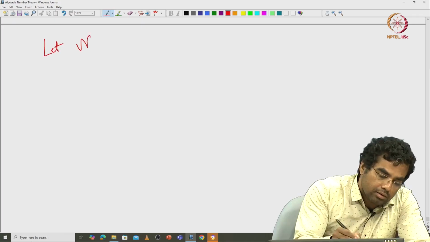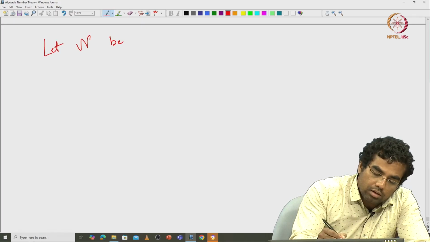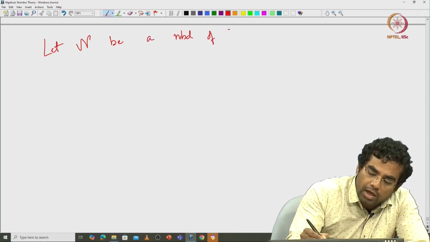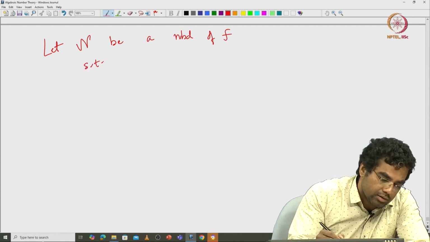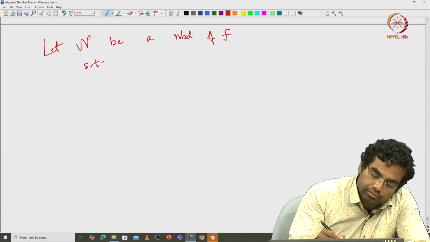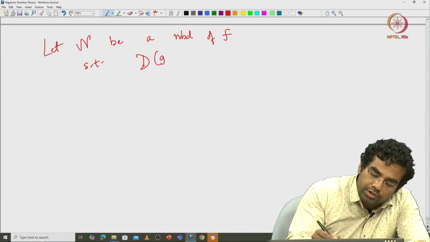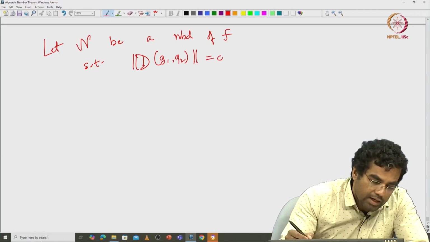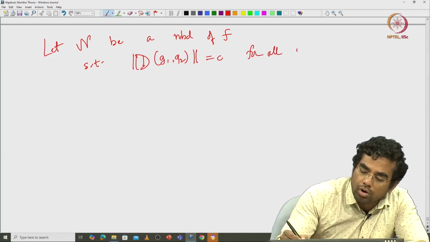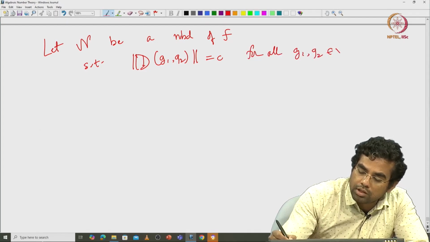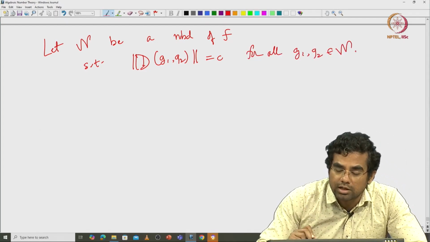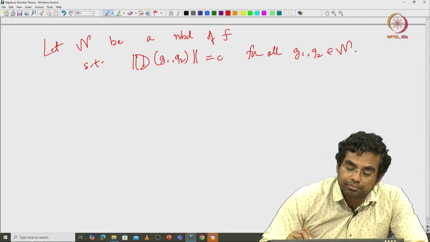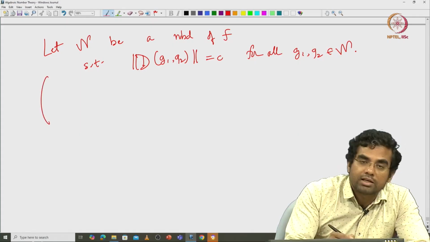So, let N be a neighborhood of f such that d of G1 comma G2 has valuation exactly equal to C for all G1 and G2 in N. Now, this is kind of a subtle point, right. So maybe I will explain this point.